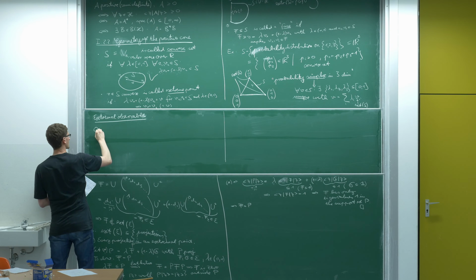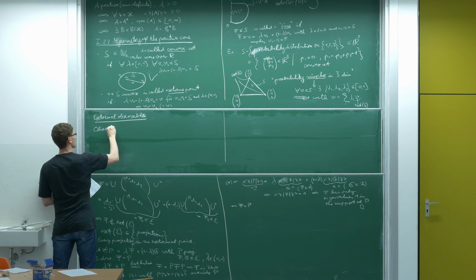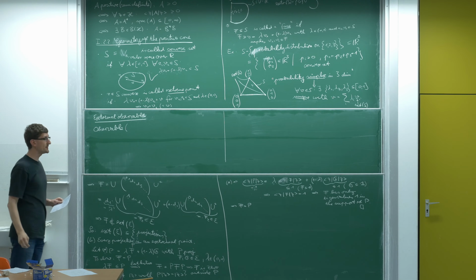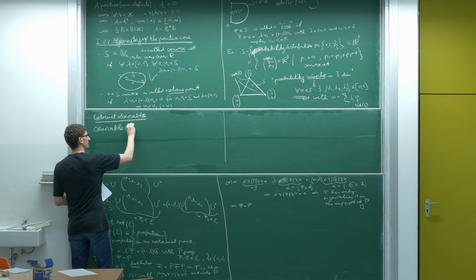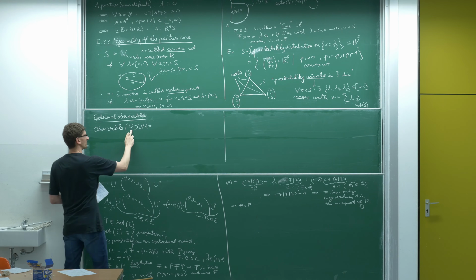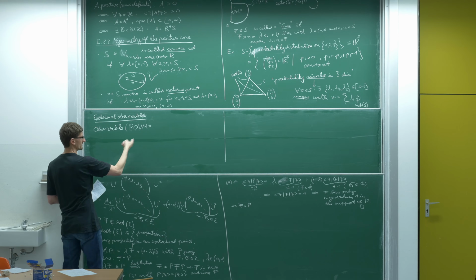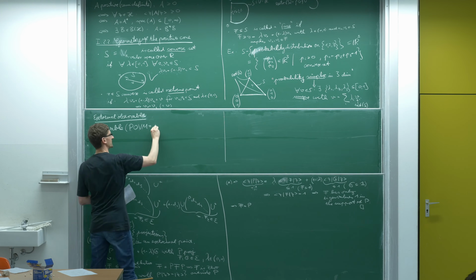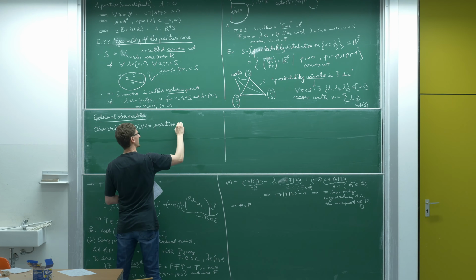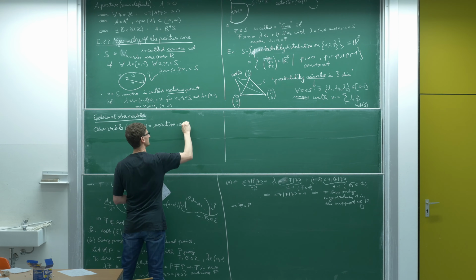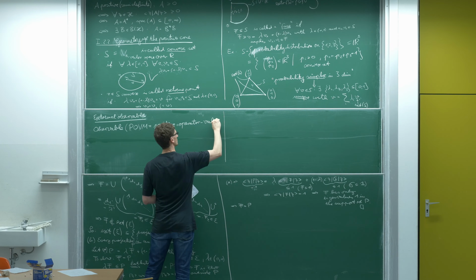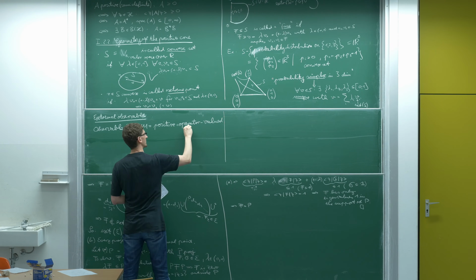The name that we also use for an observable is POVM. So this is a positive operator valued measure.